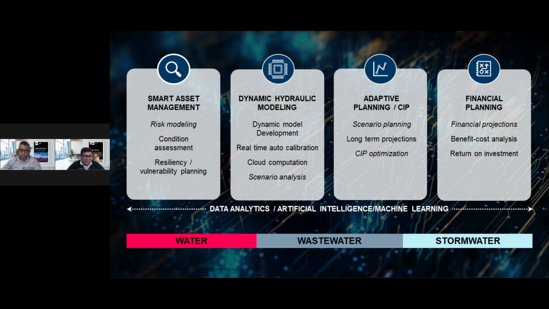Within these modules there are different sub-modules, and I'm going to demo some of these today: the risk modeling that Jayesh talked about earlier, but from an asset management perspective, scenario planning and adaptive planning, CIP optimization, and under financial planning, some of the features on financial projections.